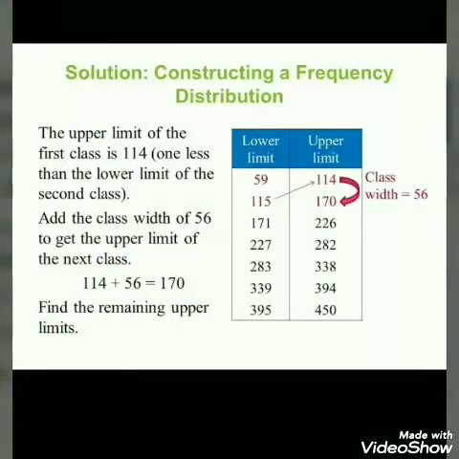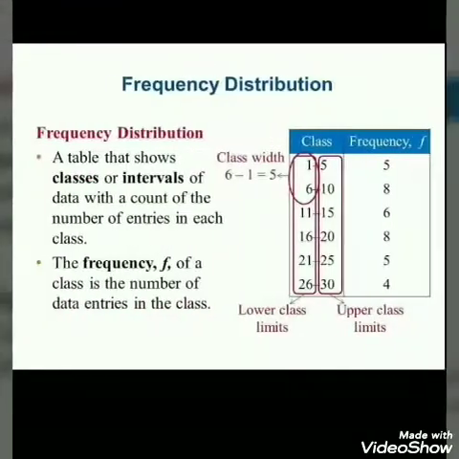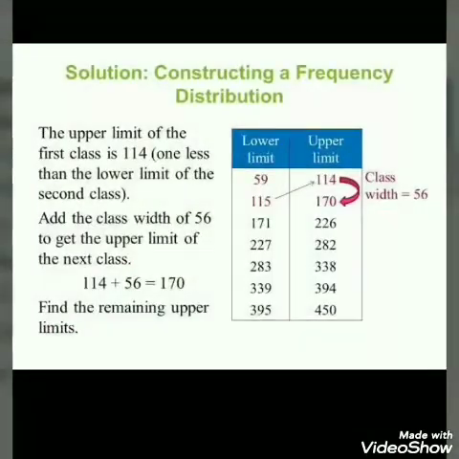The class midpoint is calculated as the sum of the upper class limit and the lower class limit divided by 2. That means upper class number plus lower class number, and then divided by 2. Generally we can say that the mid value of any class interval is the average of the class.